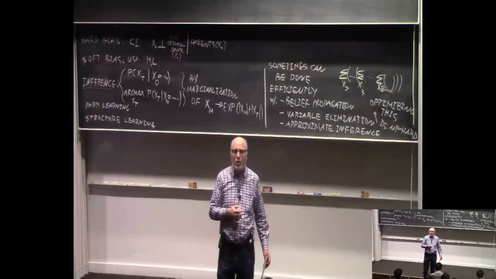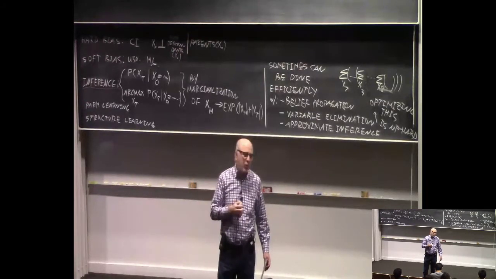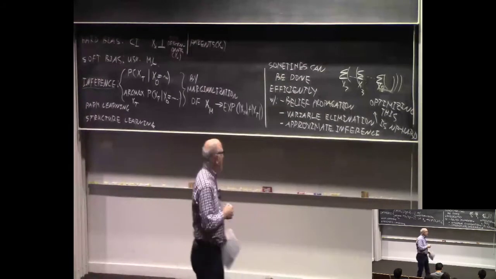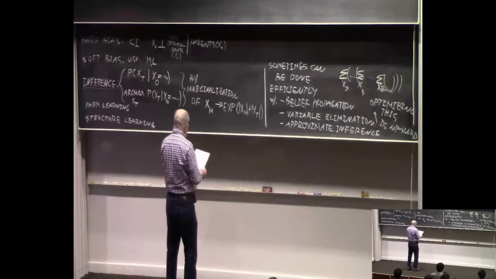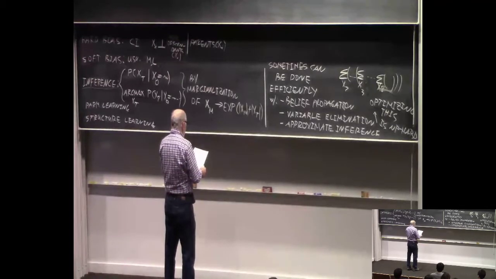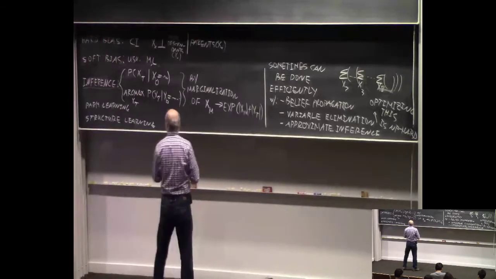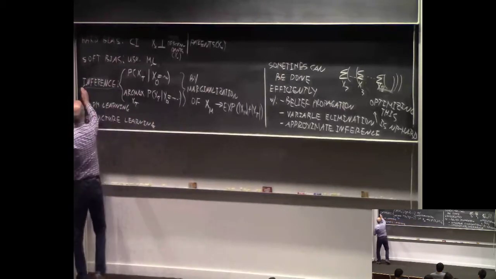It was all the rage about 10 years ago or 5 years ago until deep networks took over and people kind of started forgetting about graphical models, although they're still extremely useful. All right, so this is what I want to say about inference.